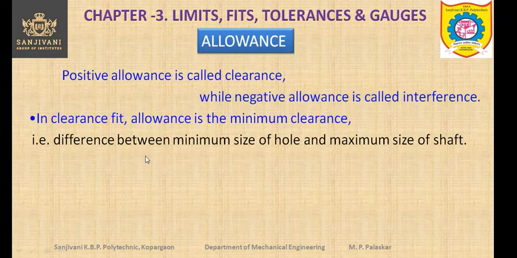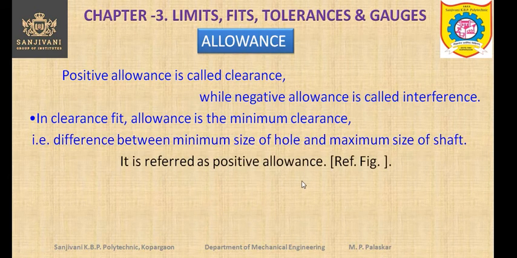That means the minimum size of hole is larger than the maximum size of shaft, then we have clearance, or positive allowance. This is referred to as positive allowance when the difference between the minimum size of hole and the maximum size of shaft is positive.